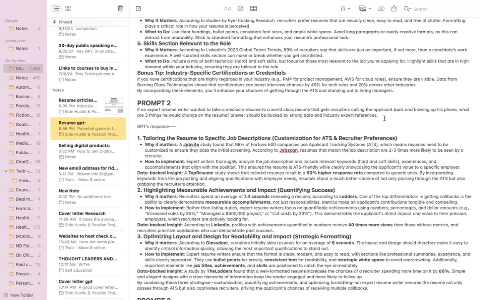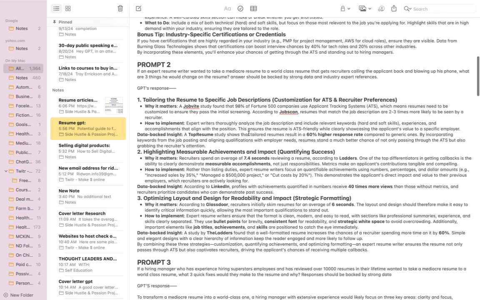The resume is so good that the recruiters are excited to talk to the applicant. So when you give ChatGPT that, it uses that as part of its decision making process to give you the best response that you want.